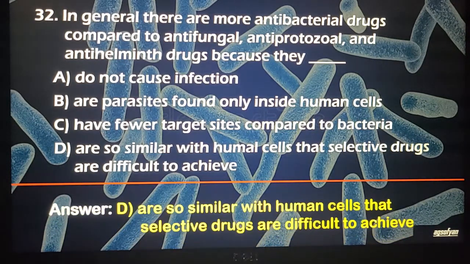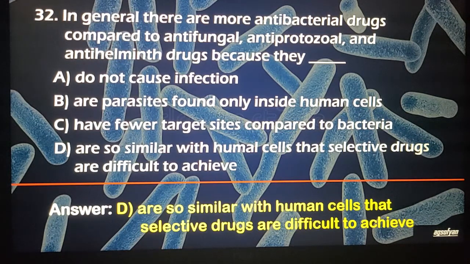Yes, the answer is D. Fungi, protozoa, and helminth are very similar with human cell because they are eukaryotic cell. Therefore, it is more difficult to develop the drugs against this infection because the drugs will also have toxicity to the human cell because of this similarity.